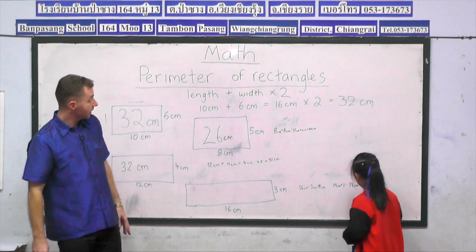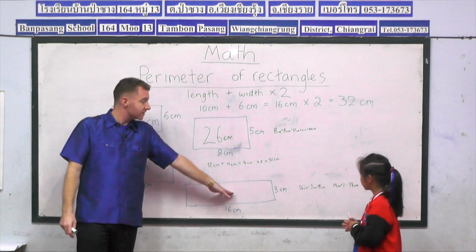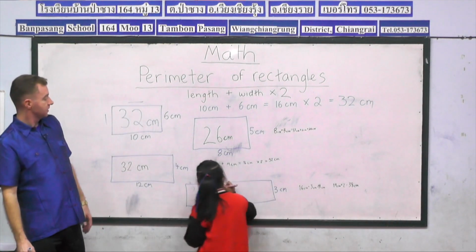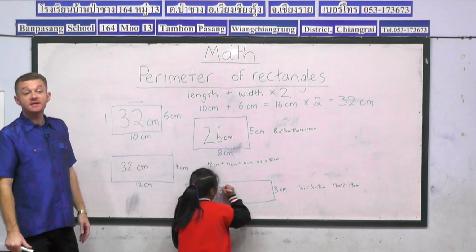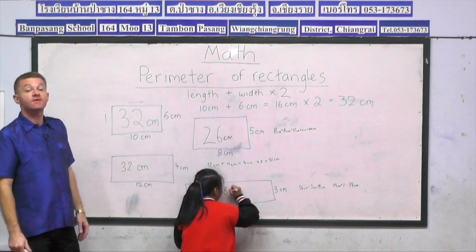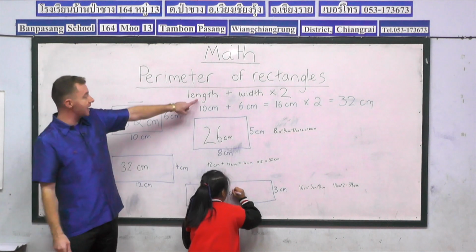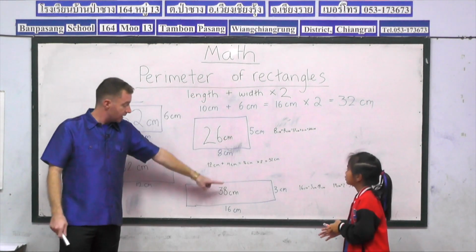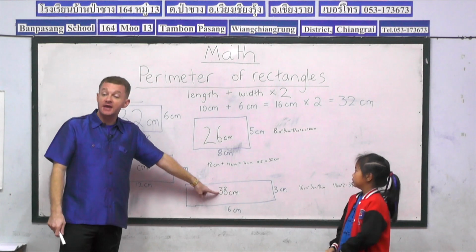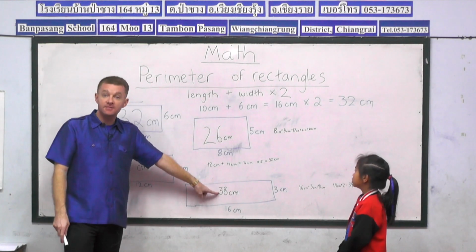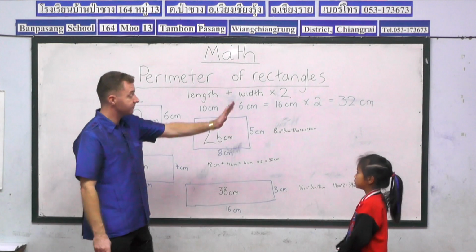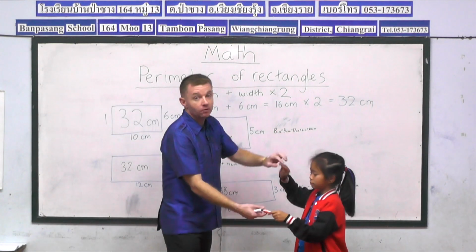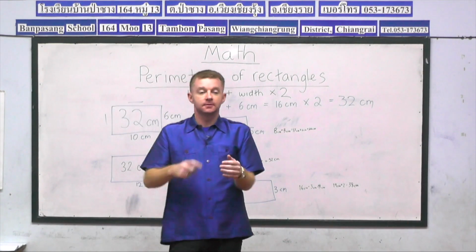So, Prao, can you write the answer inside your rectangle for me, please? 38 centimeters. It's always length plus width times by 2. And in this case, we get 38 centimeters. Prao, that was brilliant. High five and a big round of applause for Prao, please, guys.